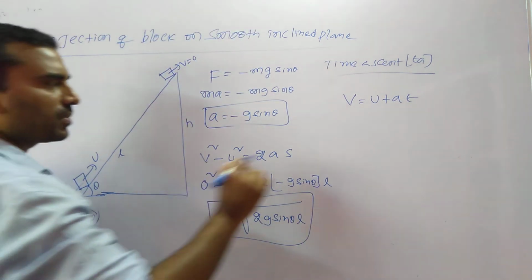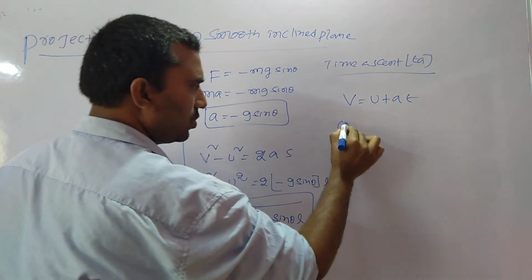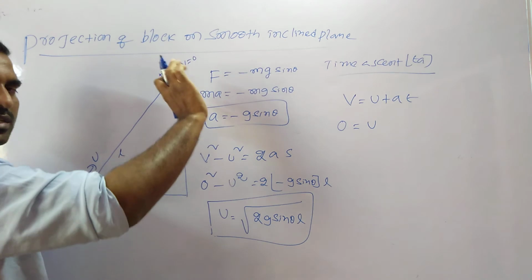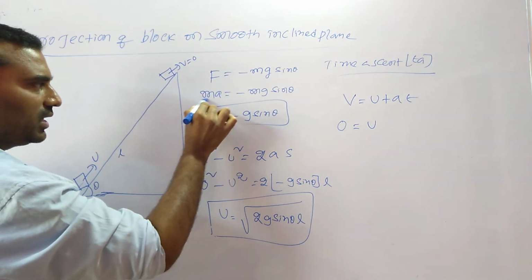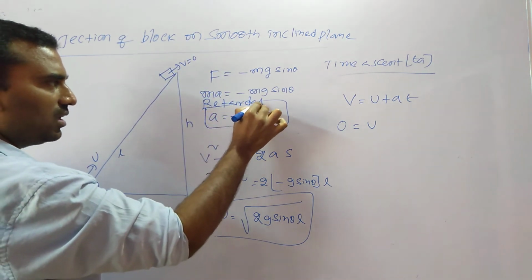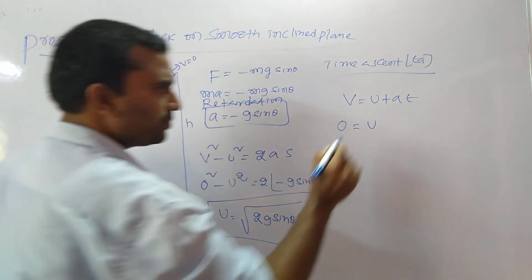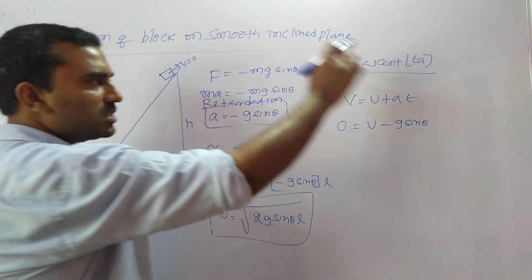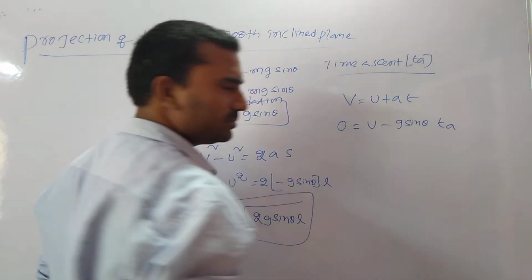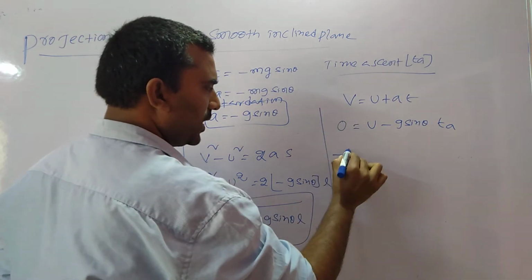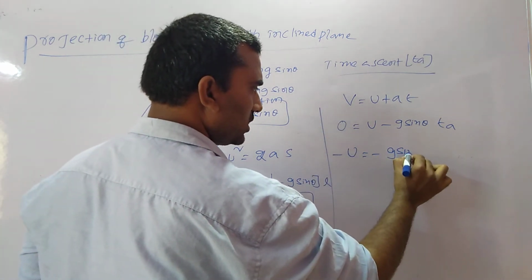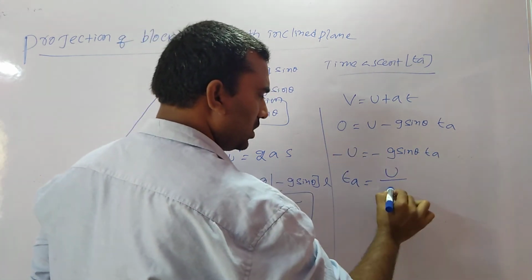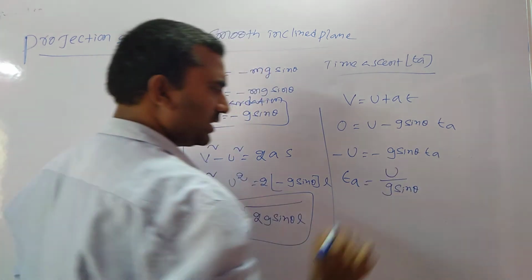In this journey, the final velocity is 0, the initial velocity is u, and the acceleration is the retardation or negative acceleration, minus g sin theta. Therefore, minus u is equal to minus g sin theta into time of ascent. Minus cancels. Therefore, time of ascent is equal to u by g sin theta.